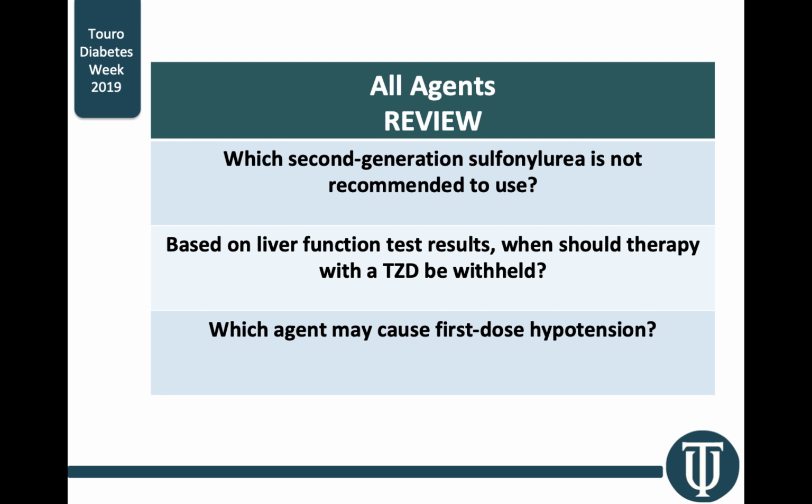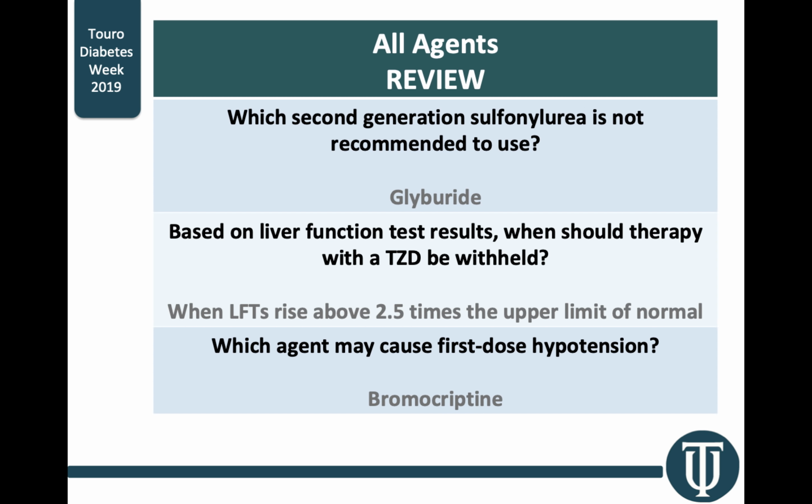Okay, do you have the answers? Let's go over the answers. So which second generation sulfonylurea is not recommended to use? It is glyburide. Based on liver function test results, when should therapy with a TZD be withheld?